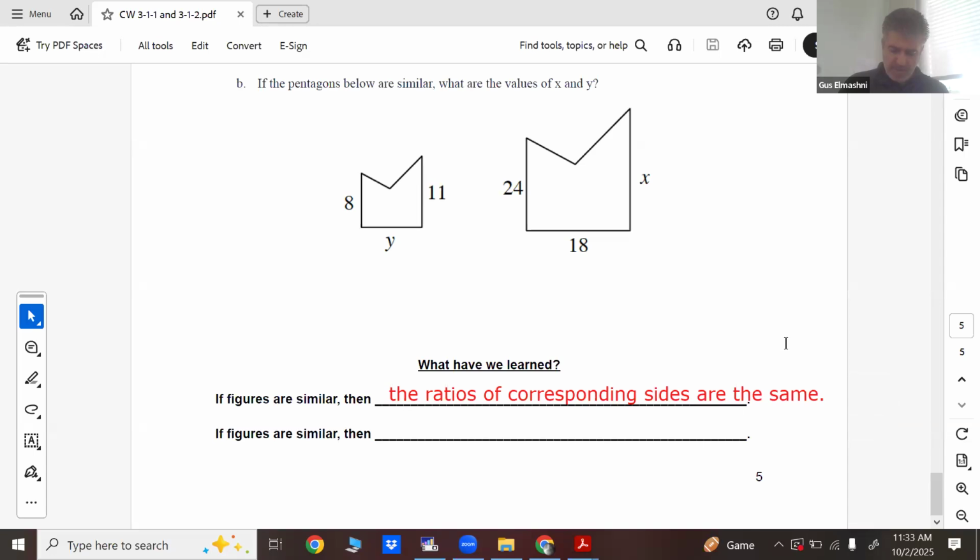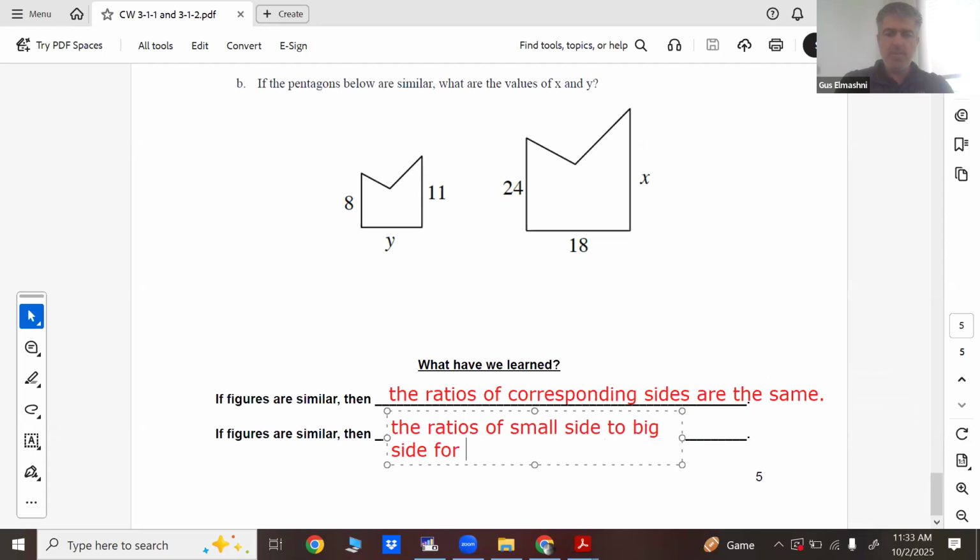There's another statement also. It's the same exact thing. You could say the ratio of small side to big side for a figure is the same for the other figure.